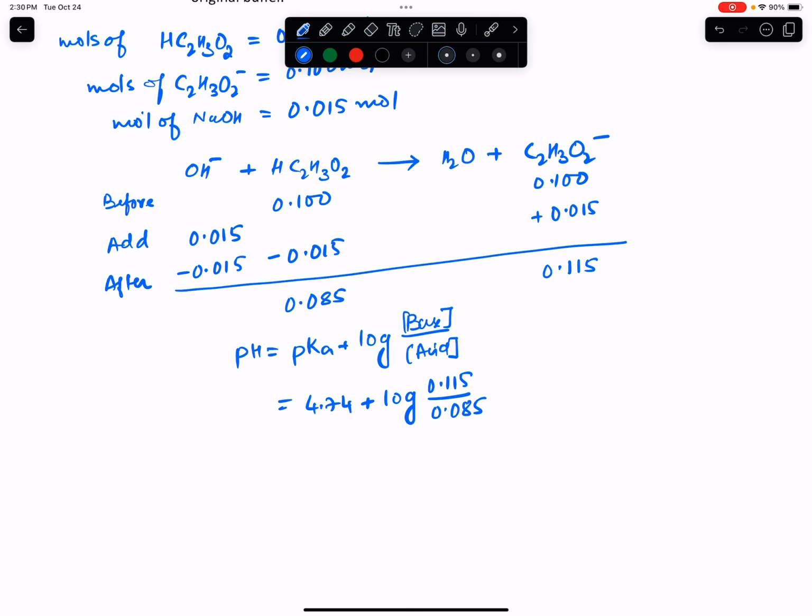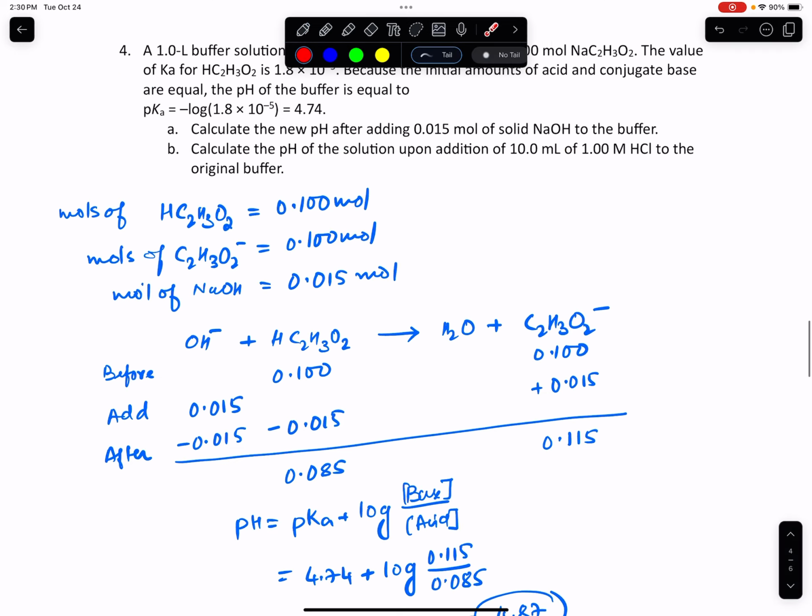This term simplifies to 0.13, and if we simplify that further, we get 4.87, which is the answer. This is the pH of the solution when solid NaOH was added.